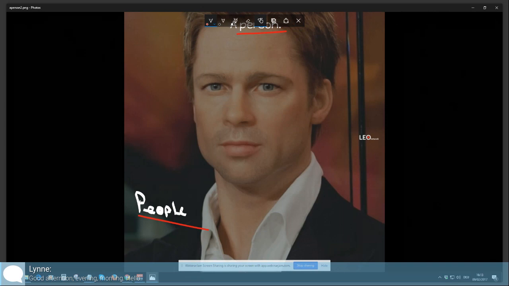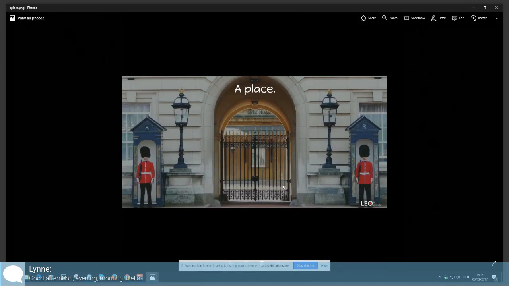Okay. What else could be a noun, do you think? So we've had animals, things, people. Places can also be nouns. Here's a famous place. A place. Can you name this place? Very famous.